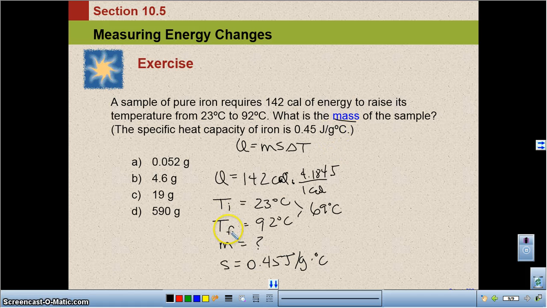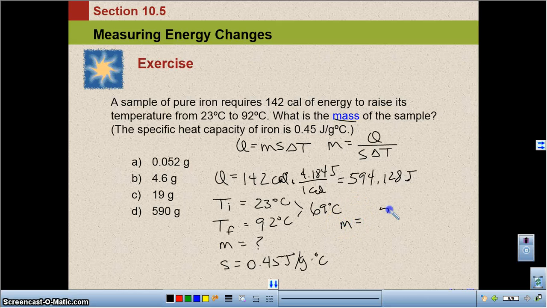And if we put that in the calculator, we take 142 times 4.184, and we get 594.128 joules. Now we're ready to put it into our formula and solve for mass. And since this is all multiplication, and you're advanced students, I know that it's easy for you to see that mass is going to be equal to Q divided by s times delta T. So we're going to go ahead and plug that in.